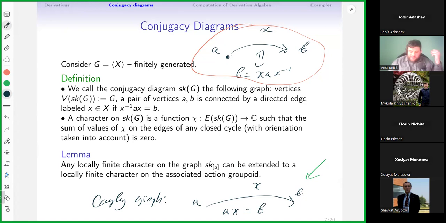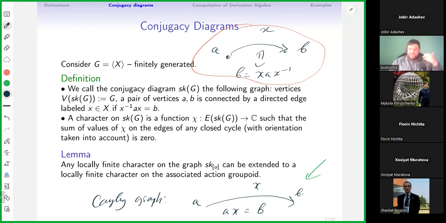So to find characters on conjugacy diagrams is equivalent to finding characters on a groupoid, which is equivalent to finding all derivations. So this is the logical way.